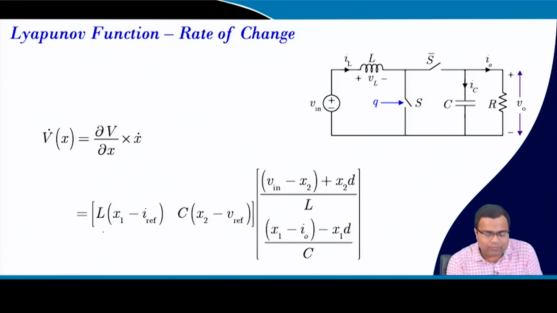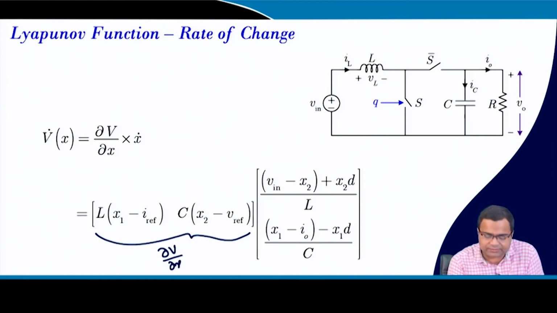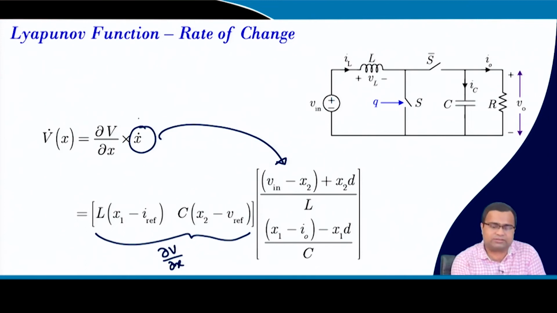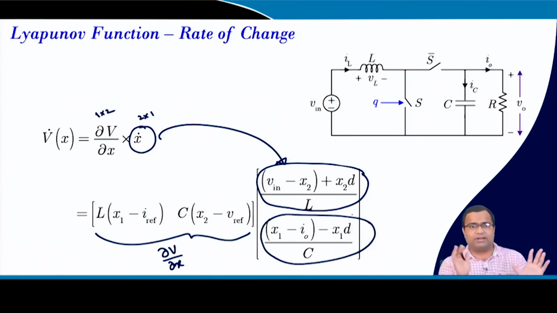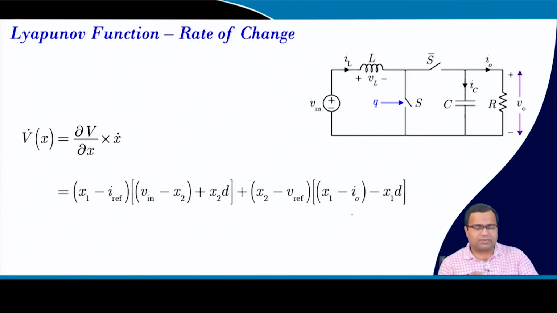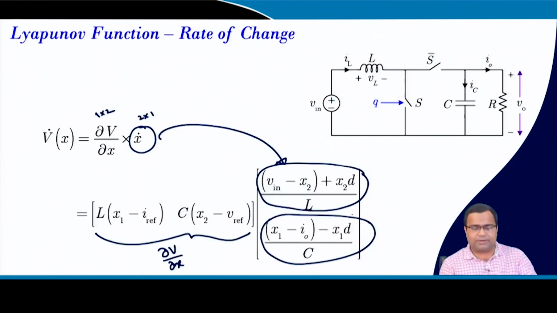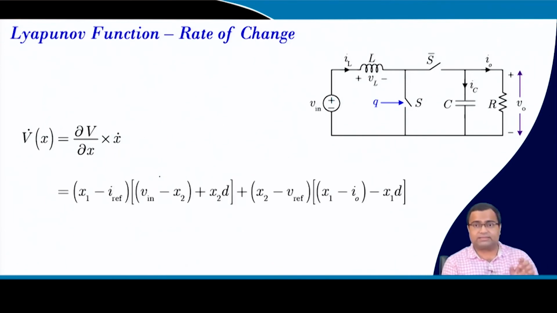Then we already know this whole thing is nothing but my dV/dx. Then what about x dot? It is nothing but this, because this is a 2 cross 1 and this is 1 cross 2, right? And this is coming from the state space representation, the dynamical equation, correct? This we have already discussed. Next, if we simplify this multiplication, after simplification we get x1 minus I ref into this, x2 minus V ref into this.